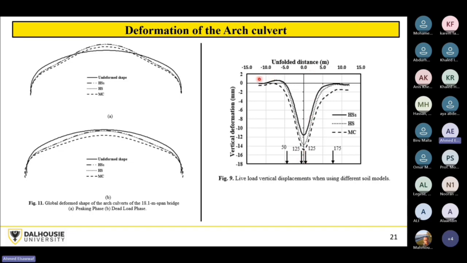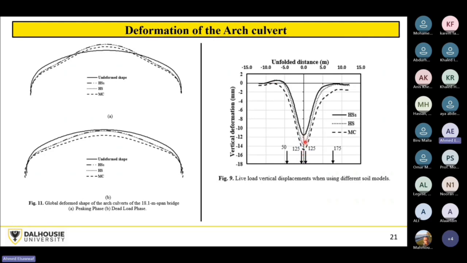You can see here the relationship between the unfolded distance of the whole arch and the vertical deformation. Again, the problem in the deformation again and again, the Mohr-Coulomb model is overestimating the downward movement due to the truck loads.